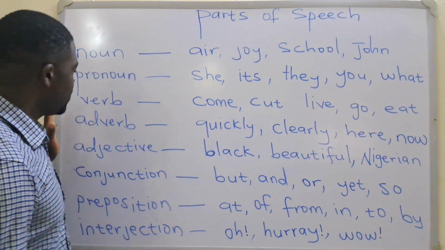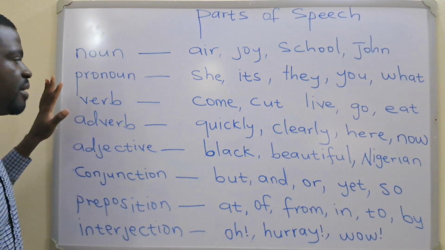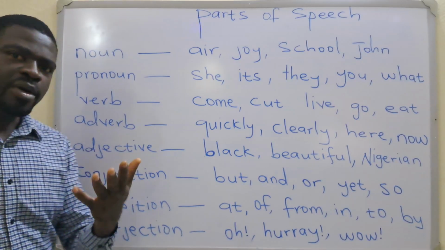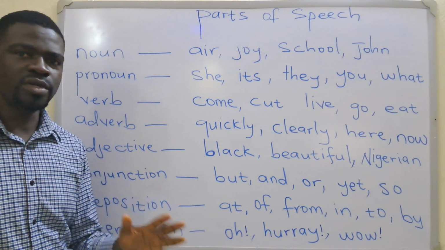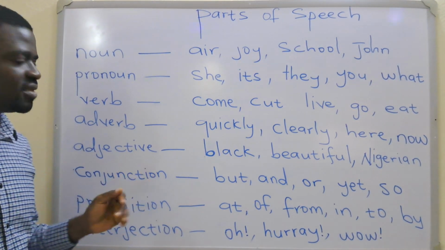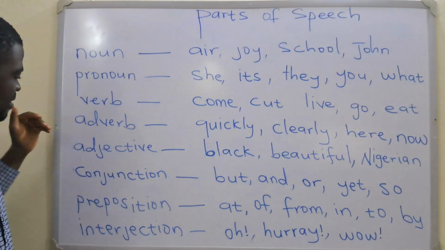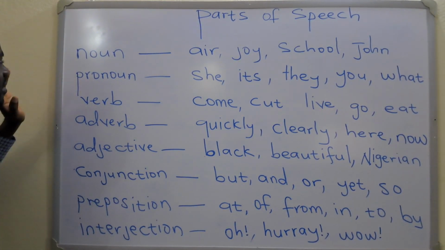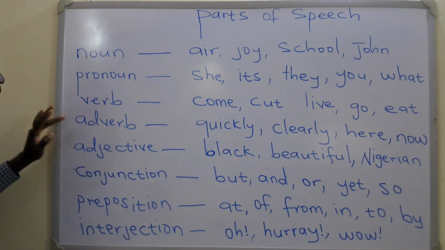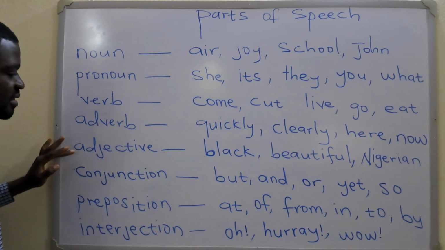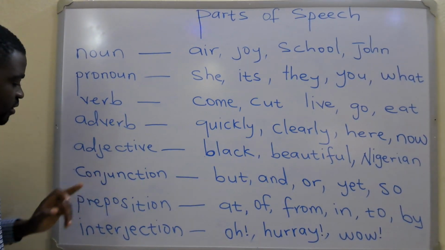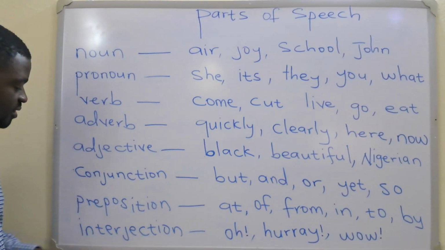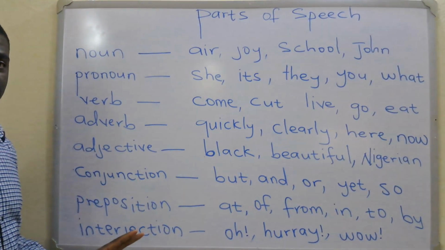If you look at the board, you will see the different parts of speech we have. If you still remember your primary school and secondary school English lessons, this will be very familiar. So we have nouns, pronouns, verbs, adverbs, adjectives, conjunctions, prepositions, and interjection.